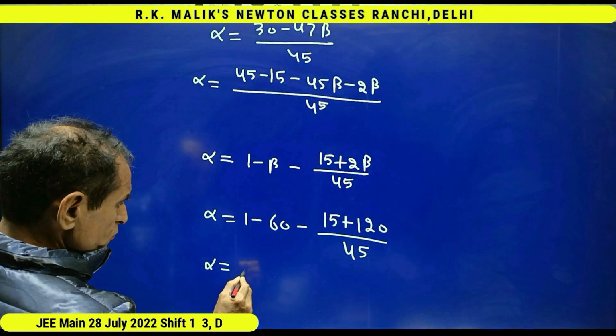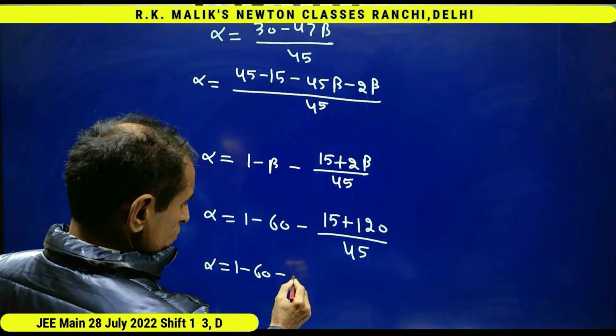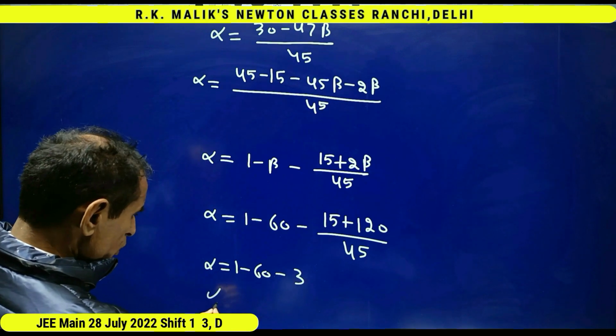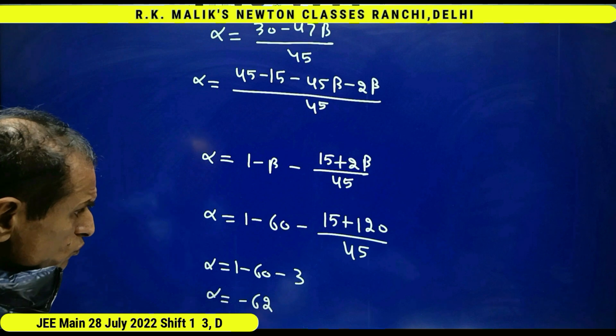Alpha will be 1 minus 60 minus 3, that is the value of alpha will be minus 62.